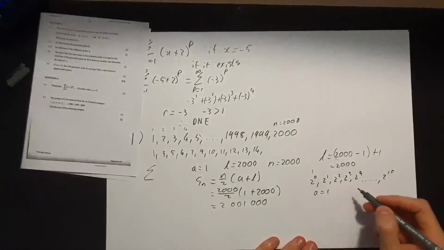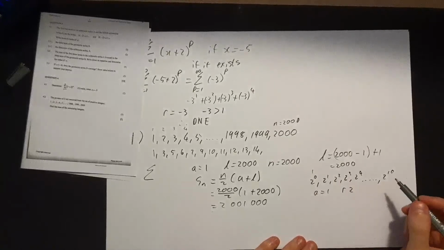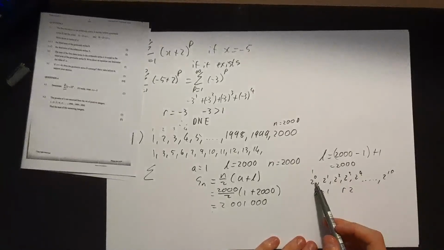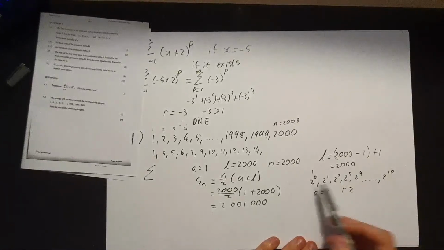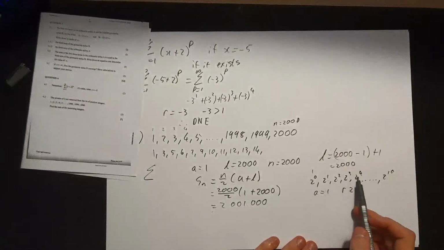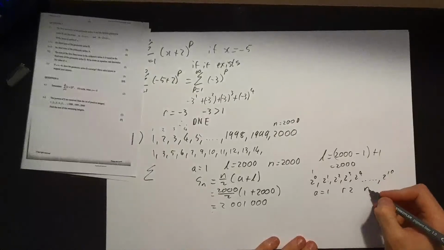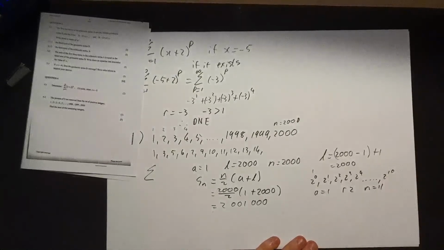So A here equals 1, and your common ratio equals 2. How many terms are we dealing with? It's 10 minus 0 plus 1. So 1, 2, 3, 4, 5, 6, 7, 8, 9, 10, 11. So n will equal 11.